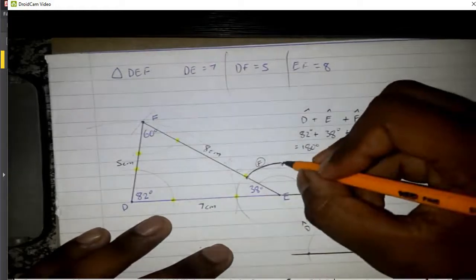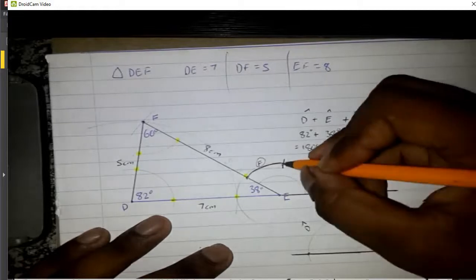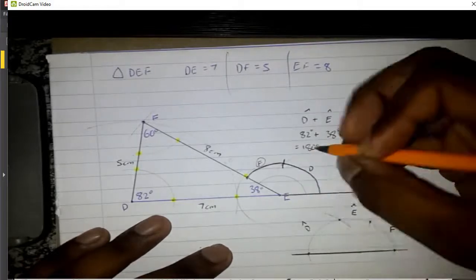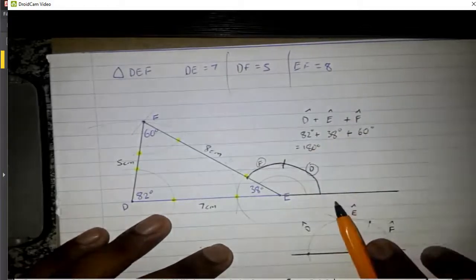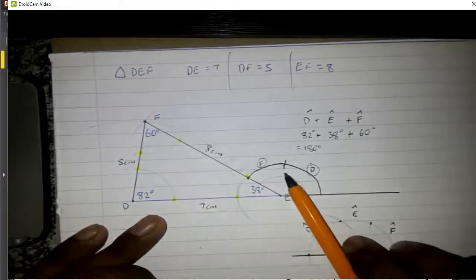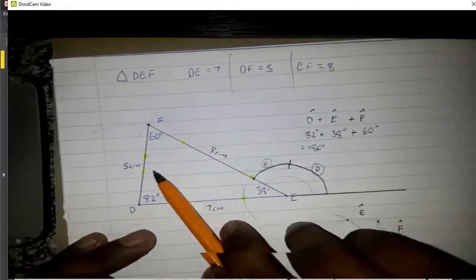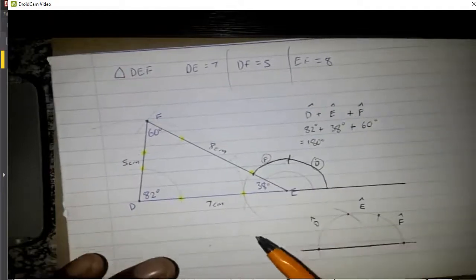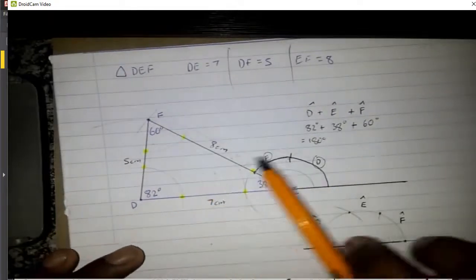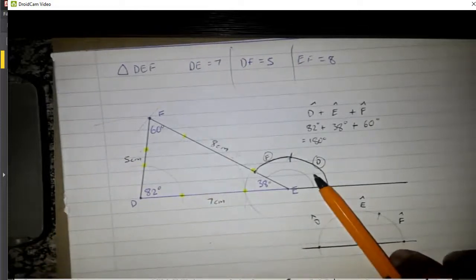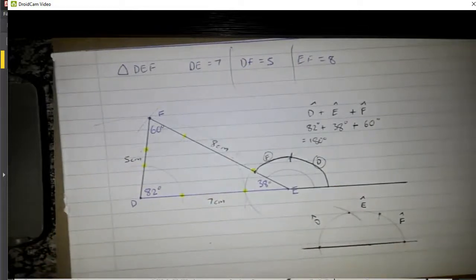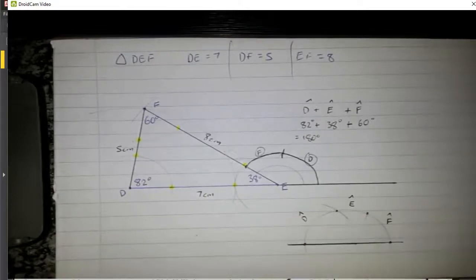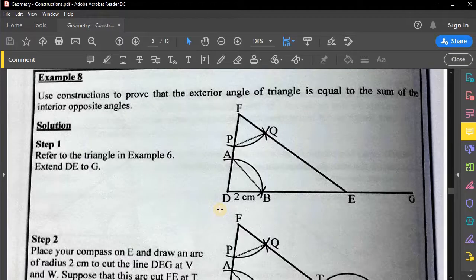And let's just break that up so I can show you clearly. From here to here was angle D. So this plus this one, they added up, right? Meaning this plus this gave us this, right? So we proved that.